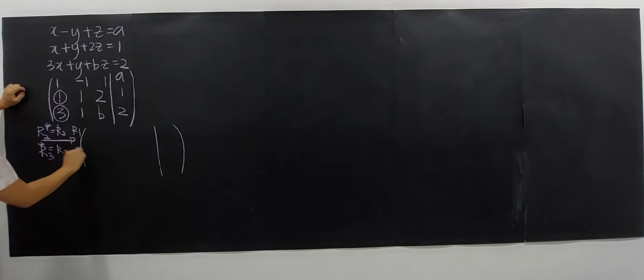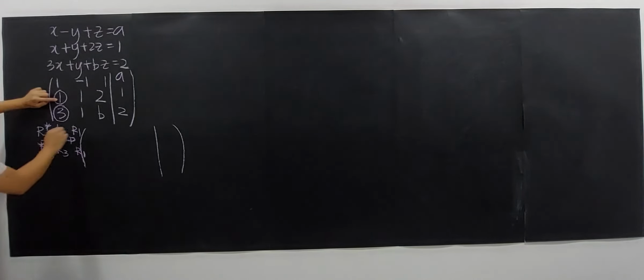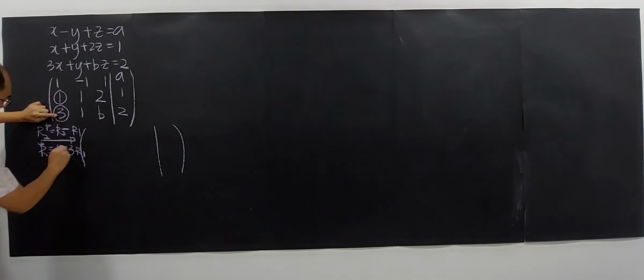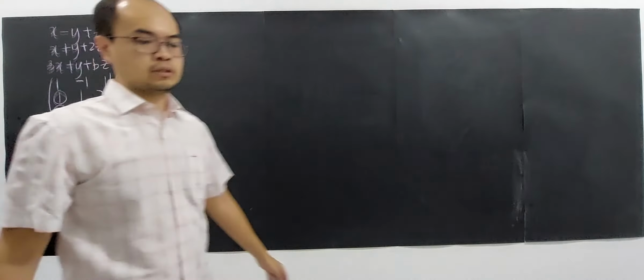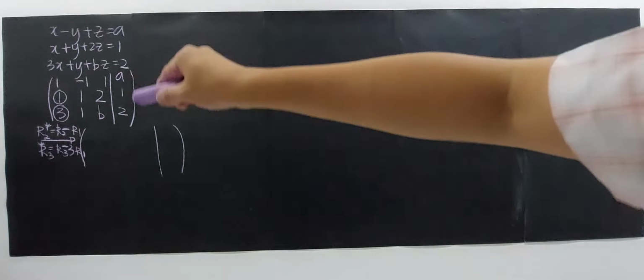So positive 1, then negative 1, positive 3, then negative 3 here. So this will be the formula for this elementary row operation.